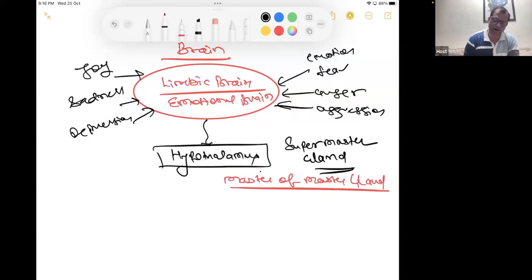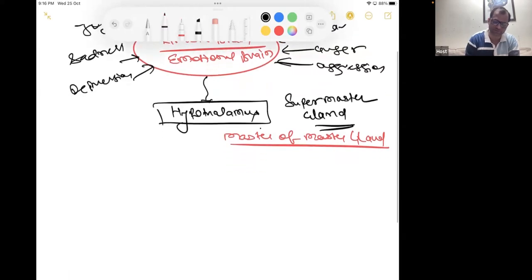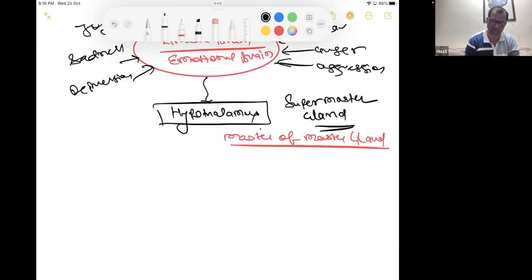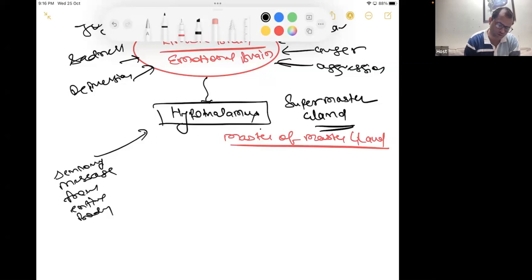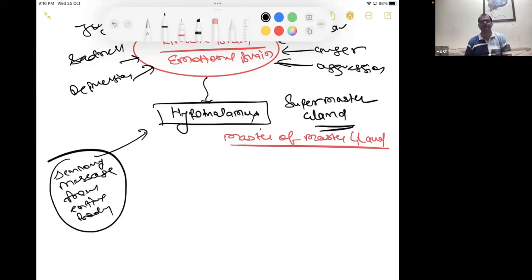Now the hypothalamus is a very important part of the brain, and it is getting sensory messages from the entire body. इसको मैसेज पूरे शरीर से मिलते हैं. एक राजा की तरह है हाइपोथैलेमस, जिसे प्रजा बोलती है कि भाई हमें धन की जरूरत है, इस बार फसल नहीं हुई, हमें अन्न की जरूरत है, अभी बहुत गर्मी पैदा हो गई है, हमें कुछ करना पड़ेगा ताकि हमारे राज्य में थोड़ी ठंडक बढ़े.